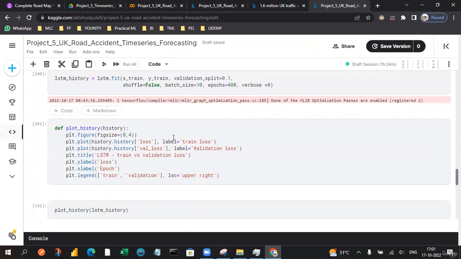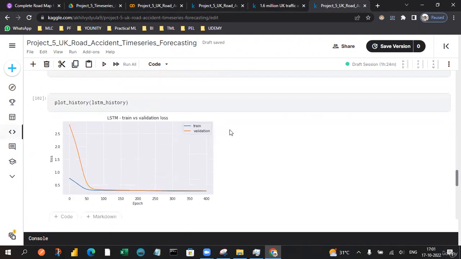The orange line indicates the validation data set. As the number of epochs increases, the error gets very low. At the end of the 55th or maybe the 57th epoch, we will arrive at these values.